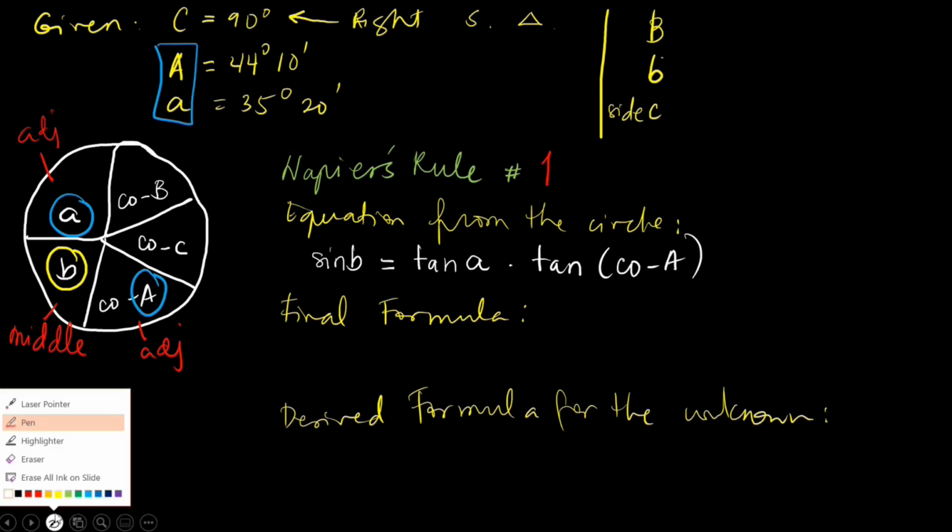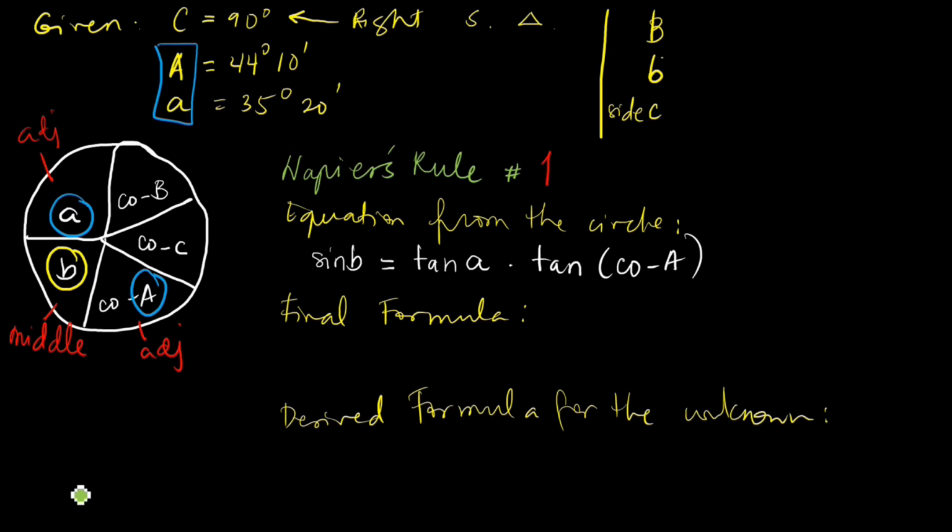Next, for the final equation, remember we need to consider the use of the cofunctions, in order for us to remove the CO. If we have sine, we replace it with cosine and vice versa. If we have tangent, we replace it with cotangent and vice versa. That is for the cofunction identities.